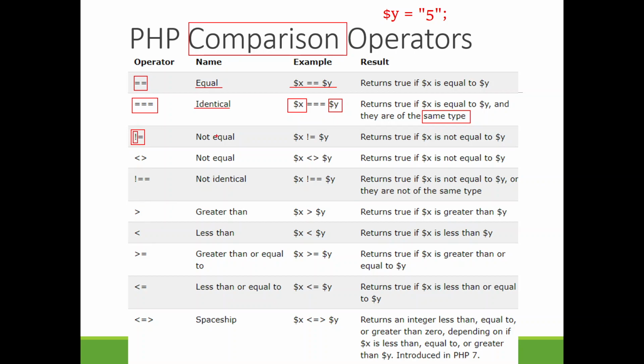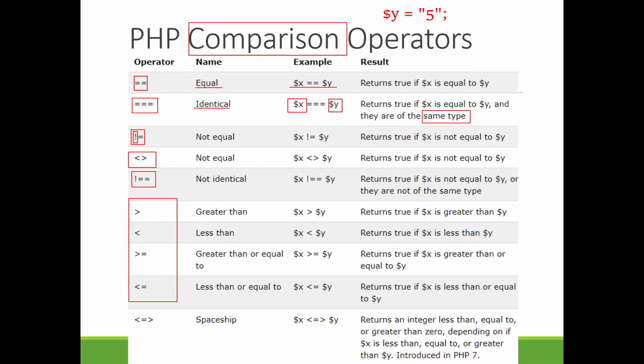Negating means if it's true, it changes it to false and vice versa. That's why it's not equal. This one returns true if x is not equal to y. They're very similar to the other one. Then this one is not identical.